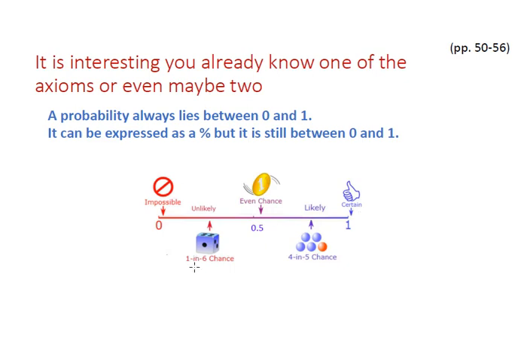For example, here we have 1 out of 6. It's not impossible, but it's a small probability. And here we have a 4 out of 5 chance, and it's so likely, but it's not certain.